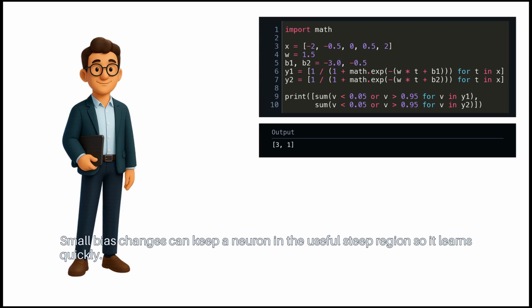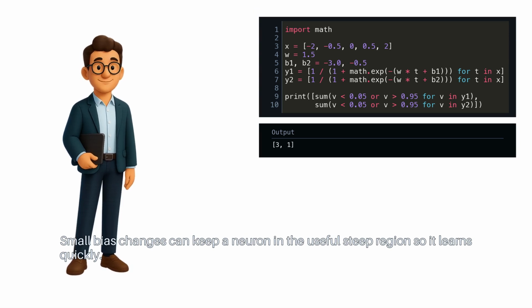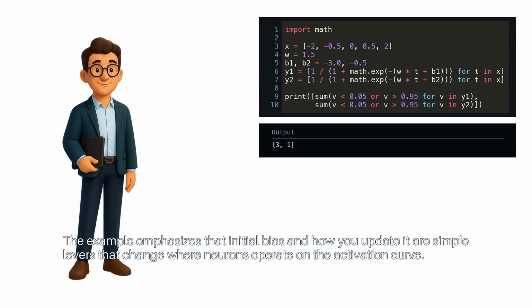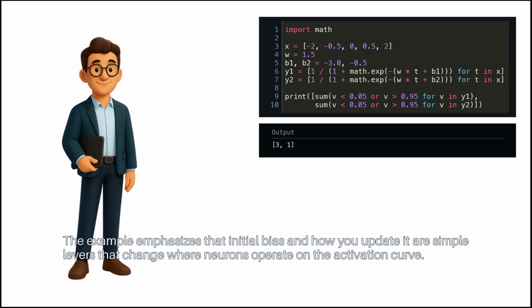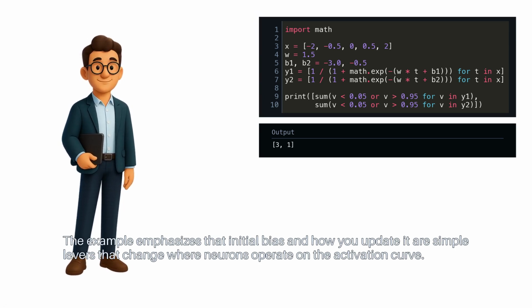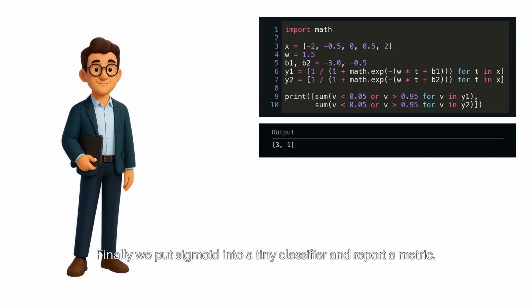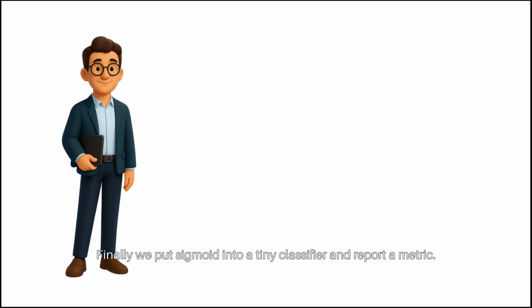Small bias changes can keep a neuron in the useful steep region so it learns quickly. The example emphasizes that initial bias and how you update it are simple levers that change where neurons operate on the activation curve. Finally, we put Sigmoid into a tiny classifier and report a metric.